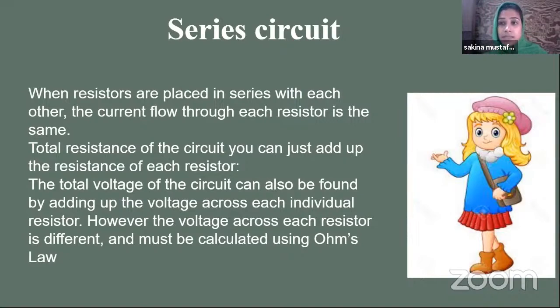This is calculated using Ohm's law. So resistors are adding up, which means the current will go down, and the voltage has to be individually calculated and added up. So this is all about the series circuit.